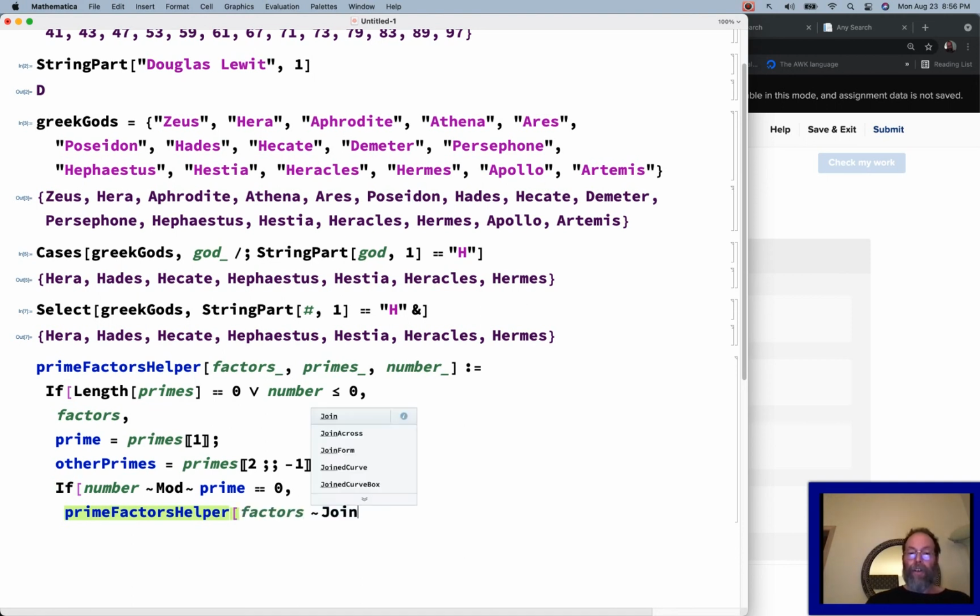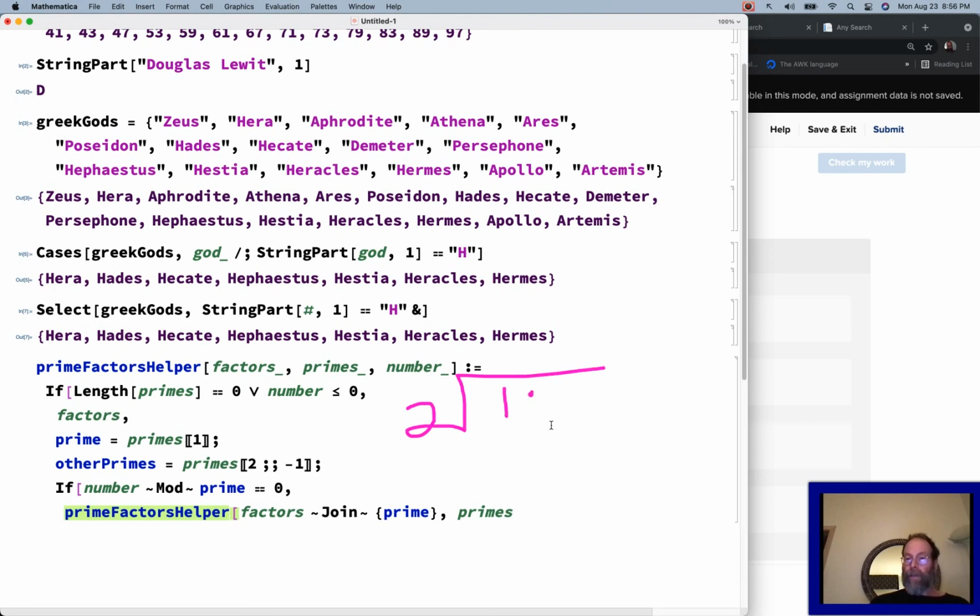Factors join prime. We're still going to use the entire primes list because even if a number, like for example, 2 is a factor of 16, all right? 2 goes into 16, right? Because 16 is 2 times 8.